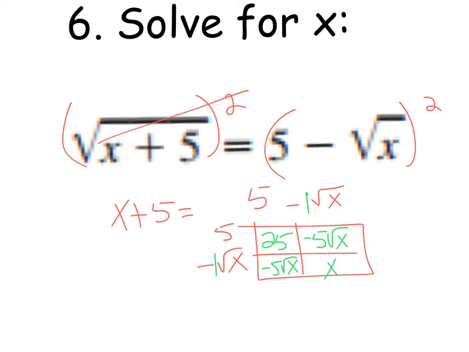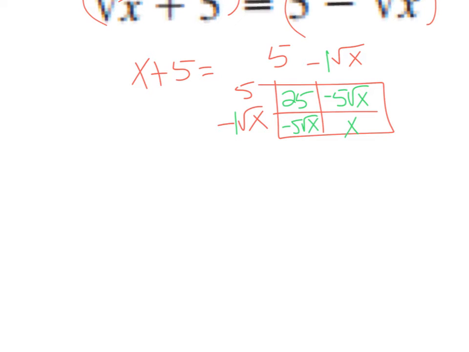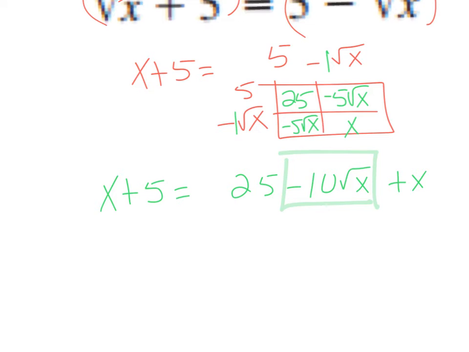All right, so you end up getting x plus 5 equals 25 minus 10 square root of x plus x. Now here's what happens. Our double radical problem turns into a single radical problem, and your goal is to get this radical alone. And you're going to do that by subtracting the 25 over and subtracting the x over.